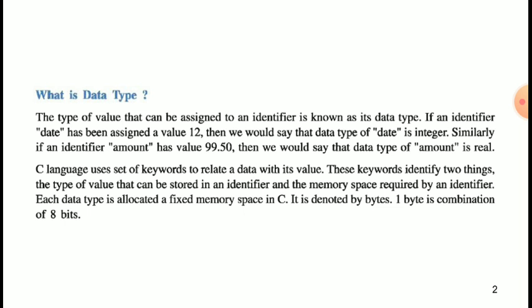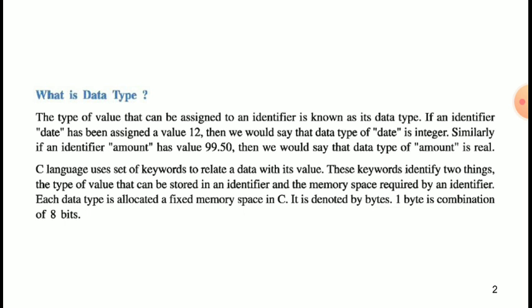It is denoted by bytes. 1 byte equals 8 bits. C language supports basic data types called integer, decimal and character. These data types are represented using the keywords int, float and char respectively.